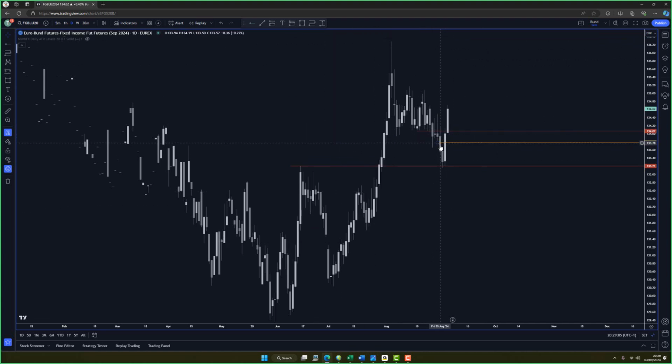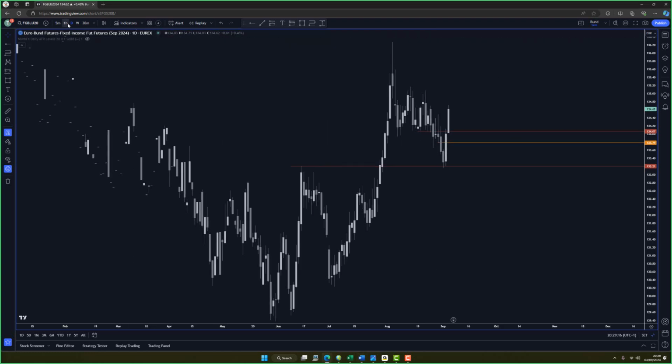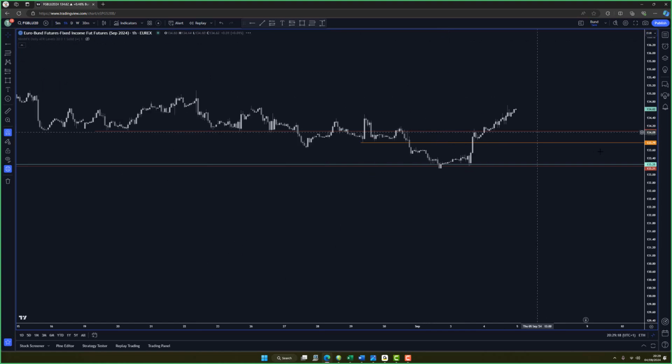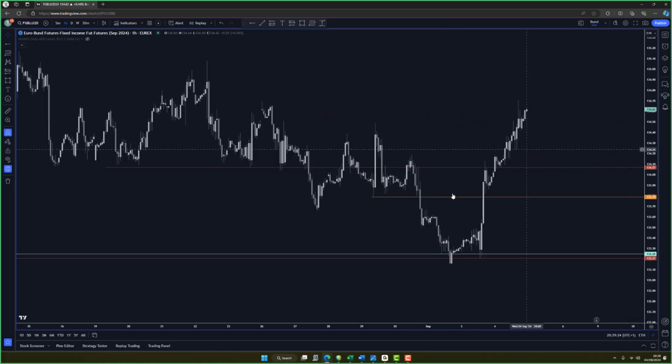So again, when the market moved down and closed down through this swing low, this was the last reaction low right here. And we can refine that on the hourly if we were interested in trading it to this little swing point, which is only, I think, a tick higher.